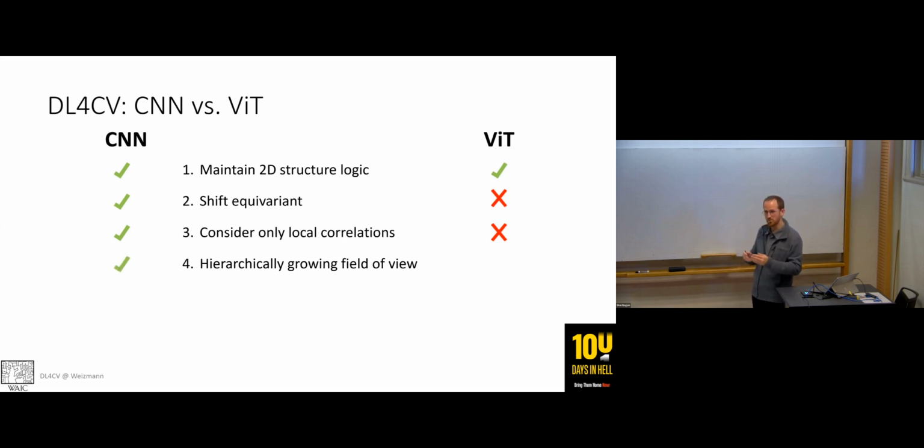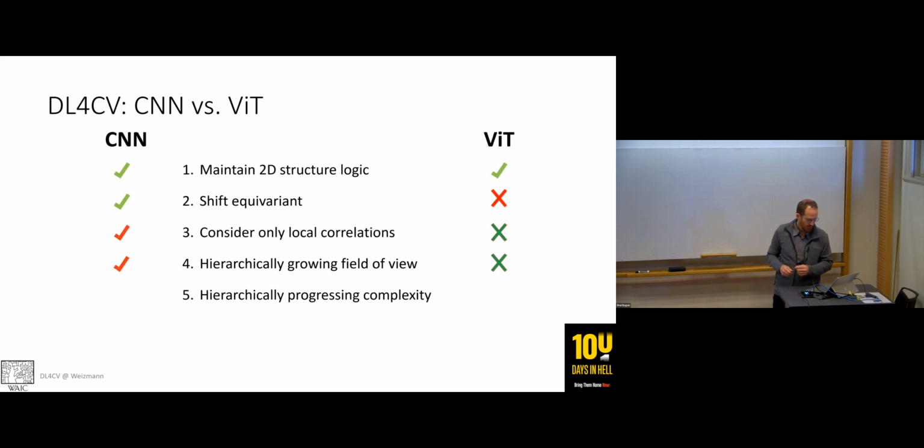Yes for convolutions, because we have this hierarchy of convolutions and pooling. And in ViT, we have attention to the entire image theoretically at the very early layers, but what we saw is that effectively this is not always the case, but this is something that emerged out of the training. And we're not sure whether these two are actually good properties of CNN or bad properties of ViT.